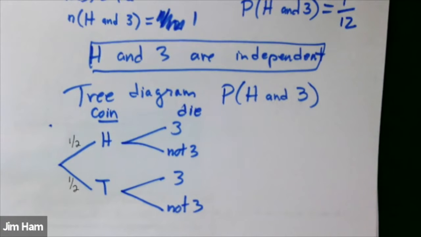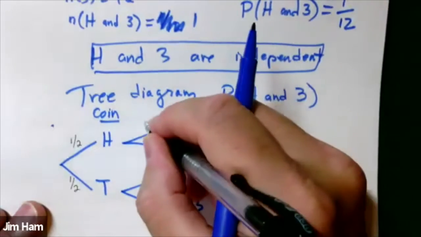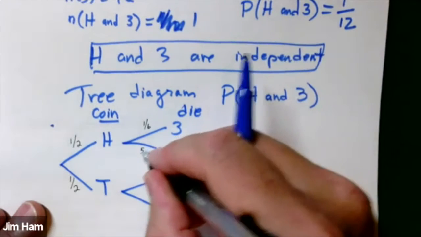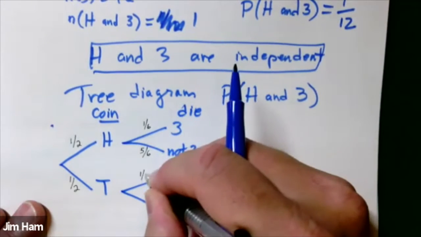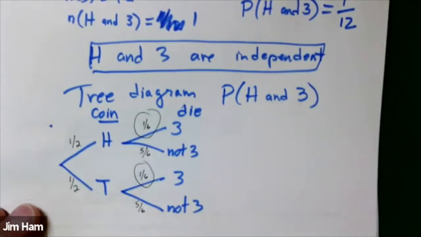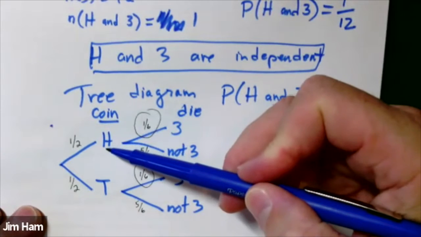So I want to make sure that my tree diagram has all the possible outcomes here. We also know that the probability of getting a 3 is 1/6, and the probability of getting something else, not a 3, would be 5/6, same down here. And then focus in on these two numbers here. Do those two numbers change depending upon what occurred beforehand?